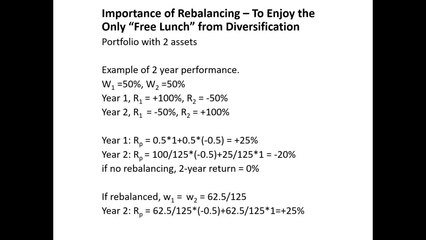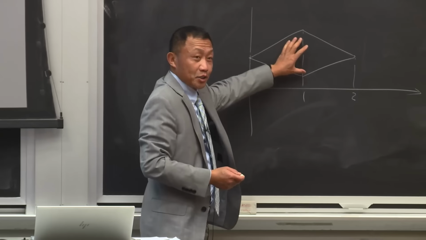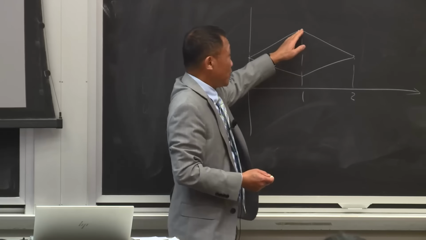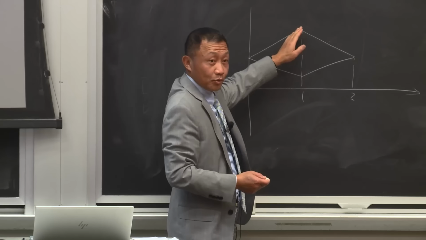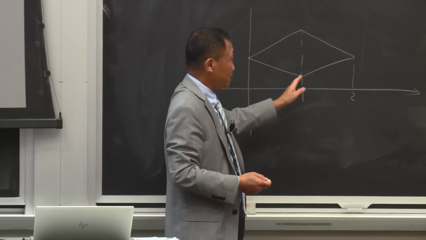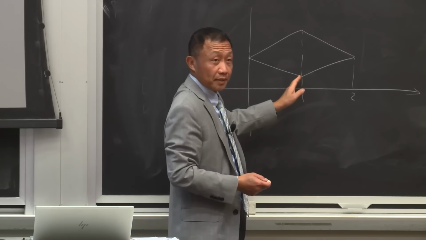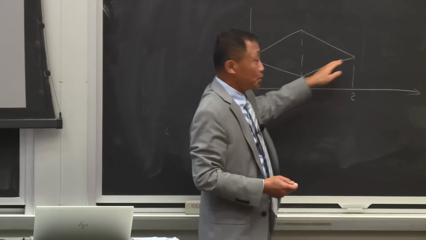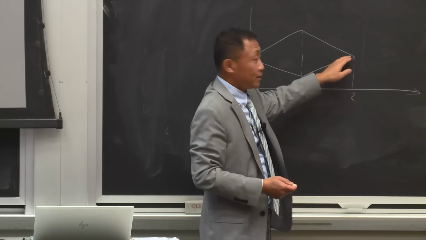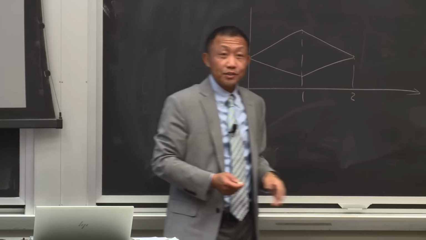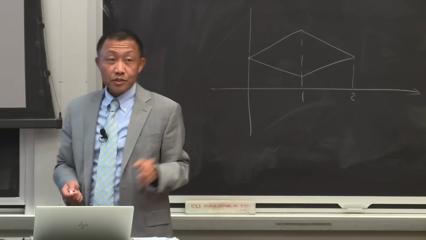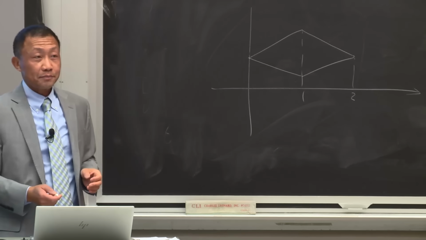Okay. But if you don't do anything at this point, asset 1 will be dominating the portfolio. Asset 2 will be just a small portion, right? Then, because asset 2 then doubles, you're coming back to the same point. After 2 years, your portfolio's return is exactly 0%.